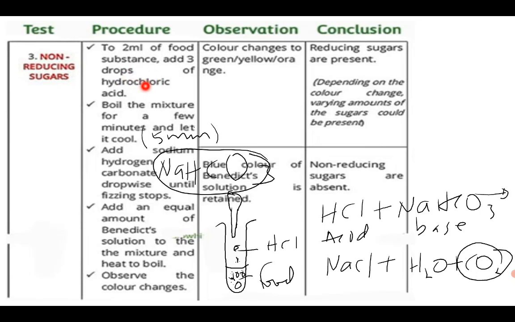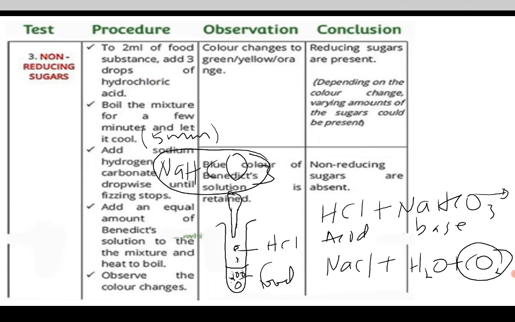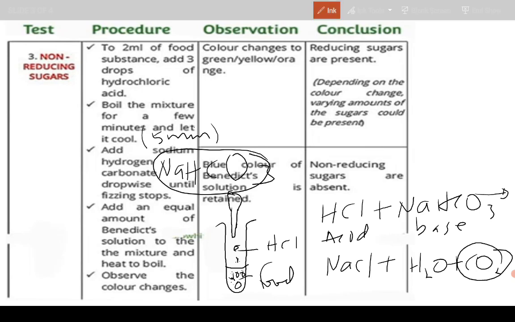Maybe they will ask you questions like, why do you have to add the hydrochloric acid? When you add hydrochloric acid to a disaccharide, the hydrochloric acid is going to break the bond called the glycosidic bond, the bond between the sugar molecules. A disaccharide has two sugars joined together, like this.